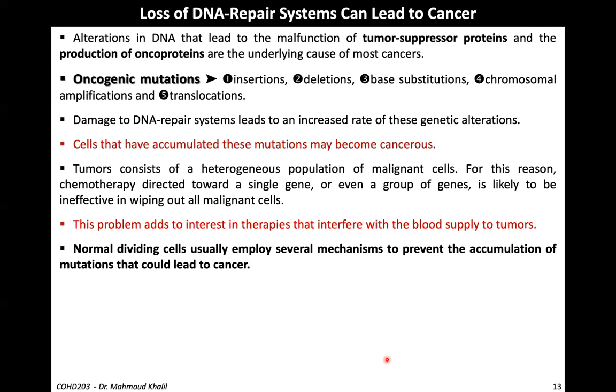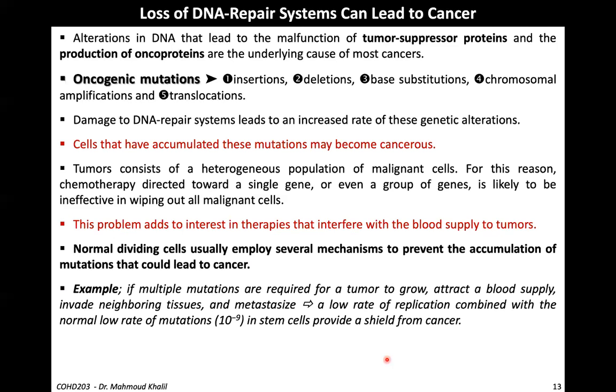But what about the normal dividing cells? The normal dividing cells usually employ several mechanisms to prevent the accumulation of mutations that can lead to cancer. In other words, there are a lot of cells in our body that are normally dividing, either faster dividing or slow dividing. These kinds of cells need to develop another mechanism to prevent the transmission of any mutation to the daughter cells.